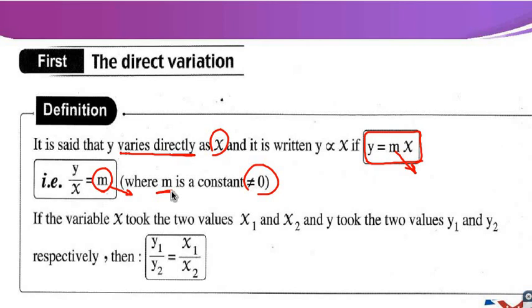If the variable x took the two values x1 and x2, and y took the two values y1 and y2 respectively, then y1 over y2 equals x1 over x2. Very important: direct variation, y = mx, then y over x equals m, where m is a constant not equal to 0.